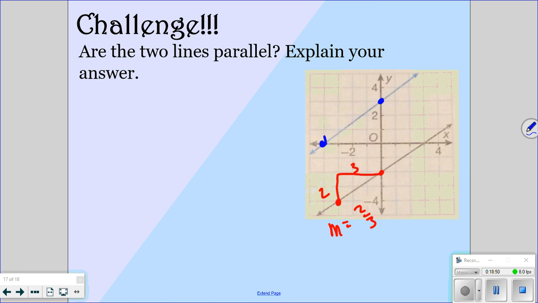And you go up 1, 2, 3 and over 1, 2, 3, 4. So the slope is 3 over 4. Are those the same slopes? No. So since they're not the same slopes, they are not parallel lines. Parallel lines have the exact same slope. They're never going to cross. These two eventually will cross. So they are not parallel.